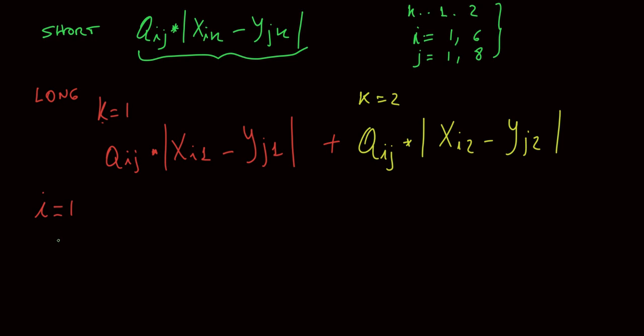This term for i equal to 1 is going to be a_1j times x_11 minus y_j1. You see?